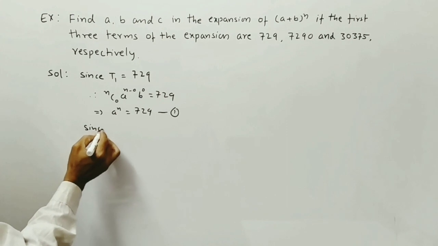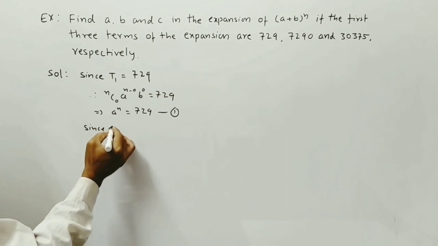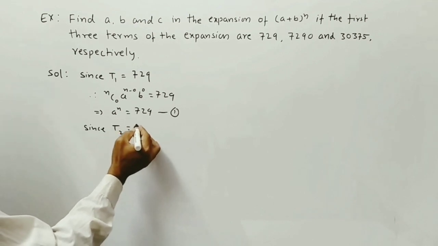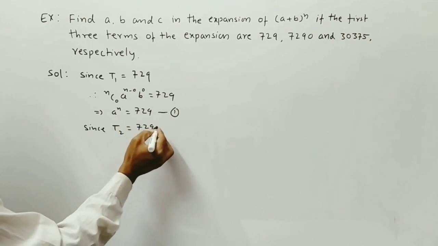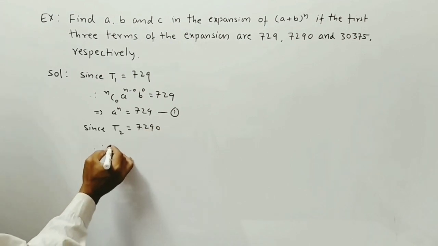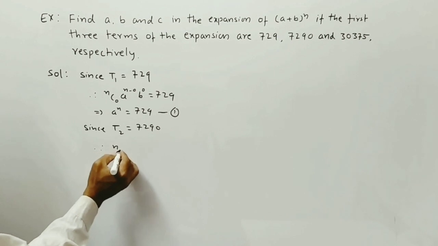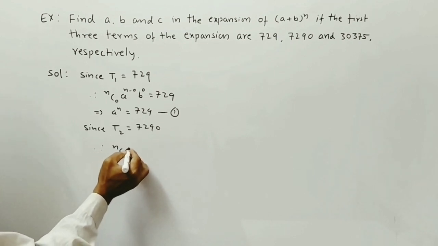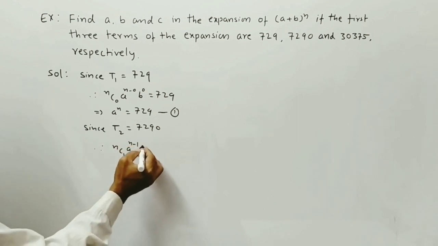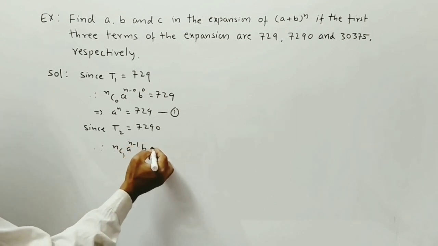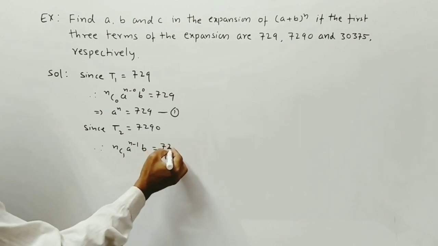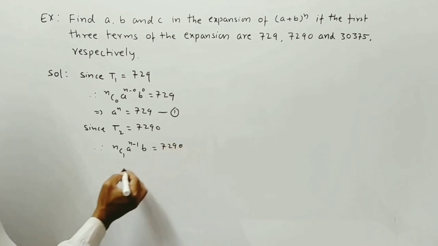Since T2 is equal to 7290, therefore NC1 into A raised to the power n minus 1 into B is equal to 7290.